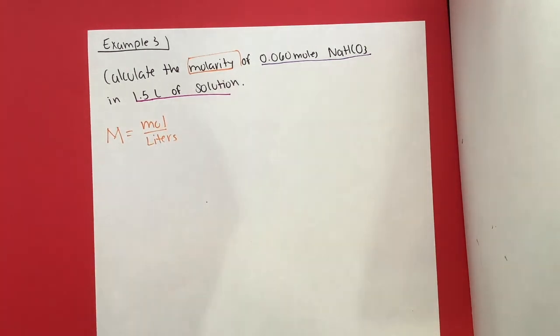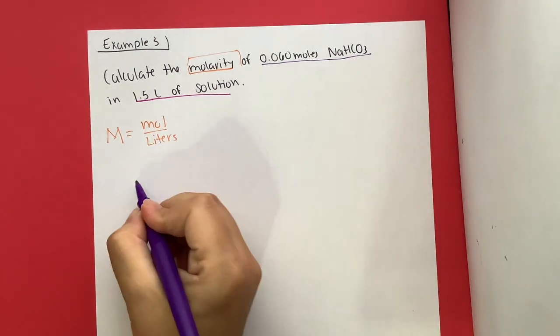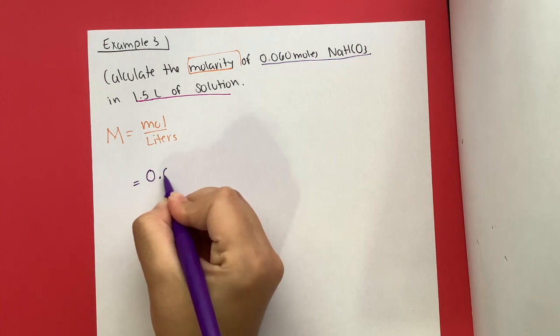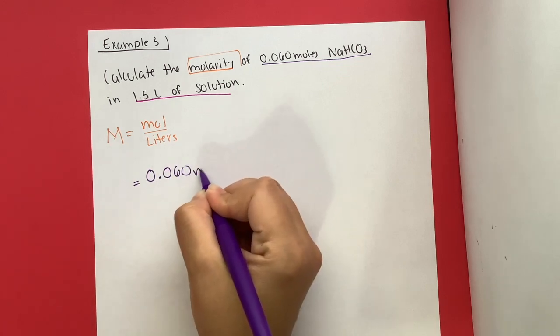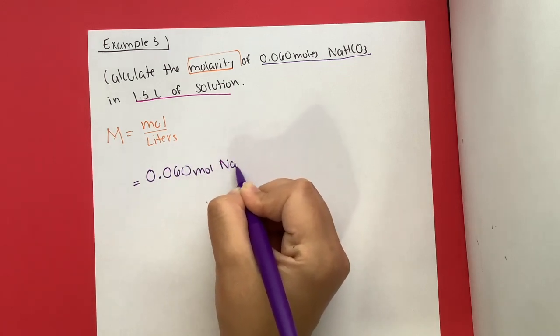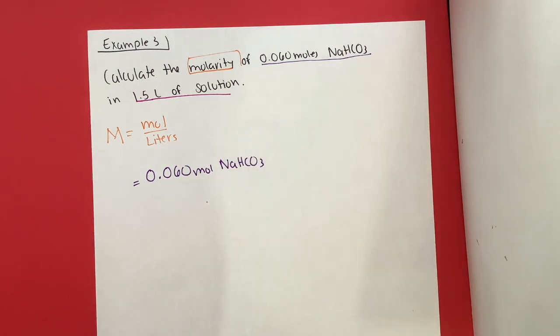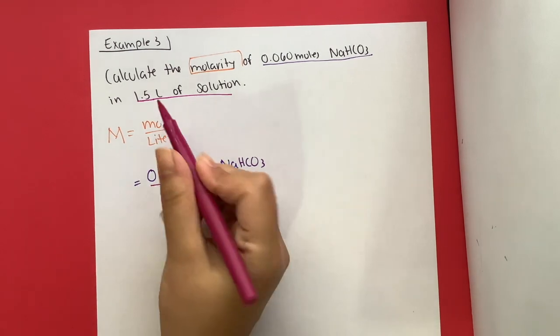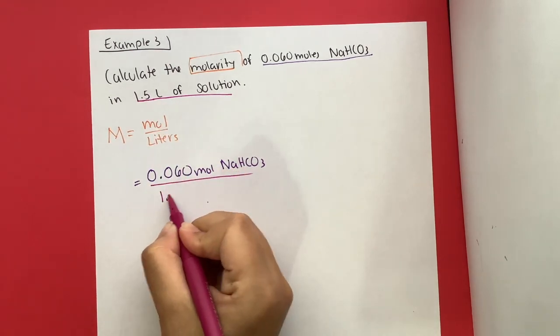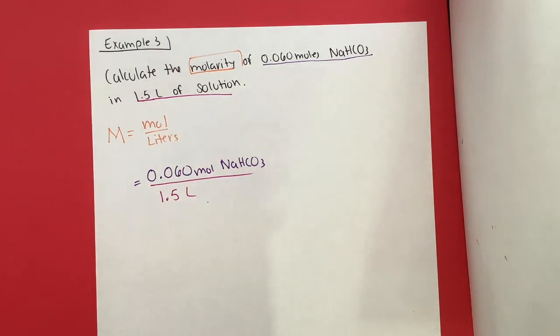So moles is 0.060 moles of NaHCO3 divided by liters of solution, which is 1.5 liters.